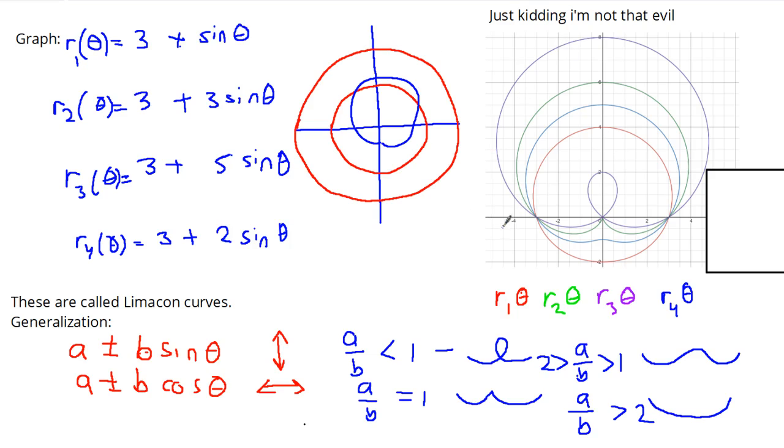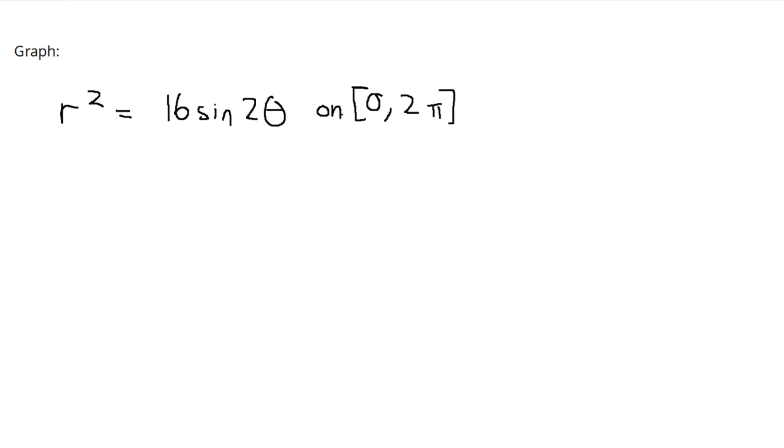And then the R1 is the smallest, I think. It looks like a circle, even though it's not. It's a convex Limaçon curve, right? It's called a Limaçon curve, because it's a French name.